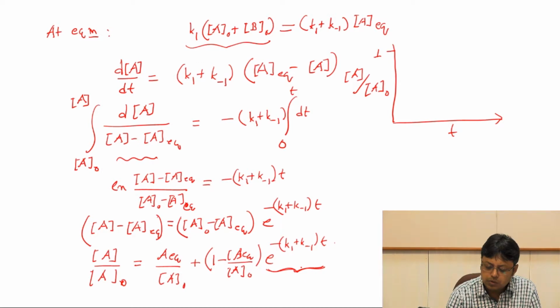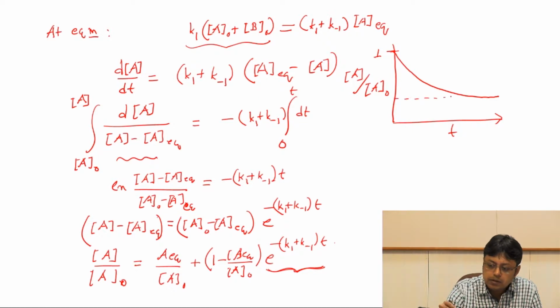So A by A0 will be A equilibrium by A0. Since everything is scaled with respect to A0, it will have some value. So it will exponentially decay and reach the equilibrium value, which will be nothing but A equilibrium by A0. So this is the long time behavior.